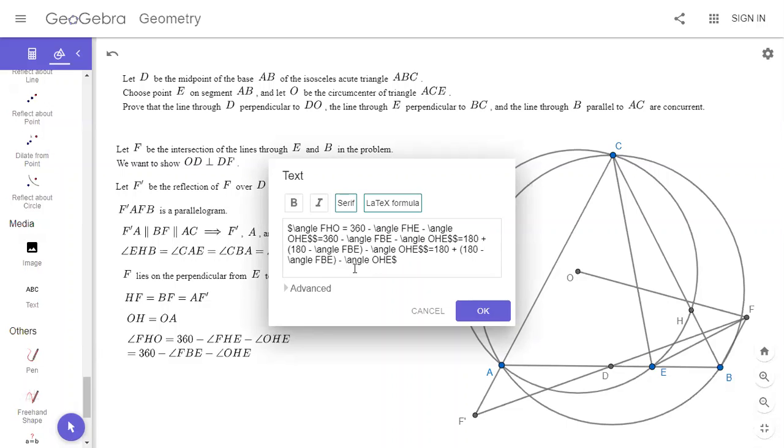And then angle OHE is equal to angle OEH.